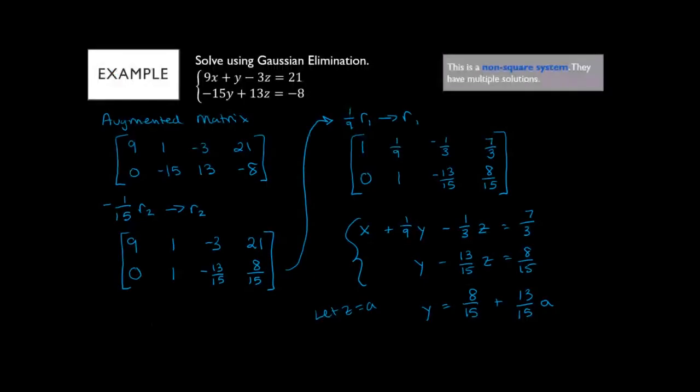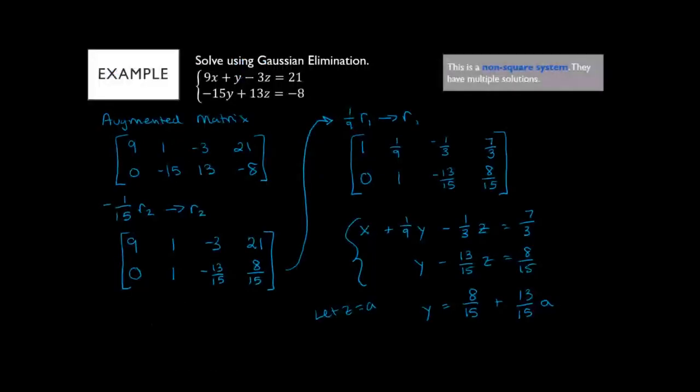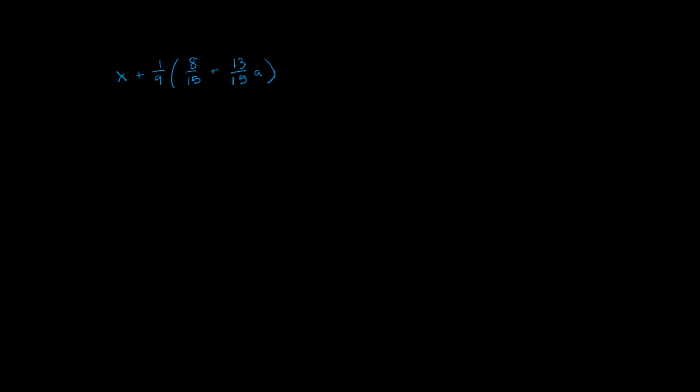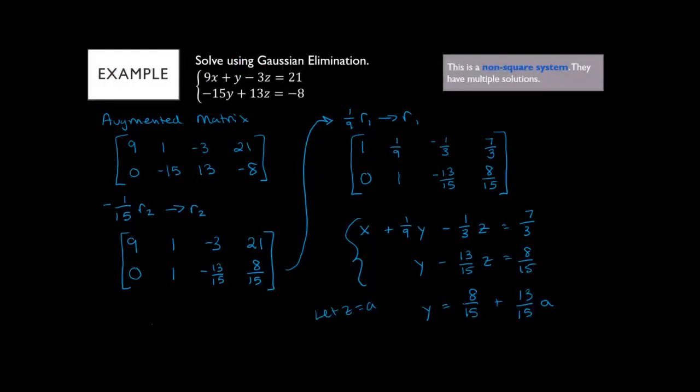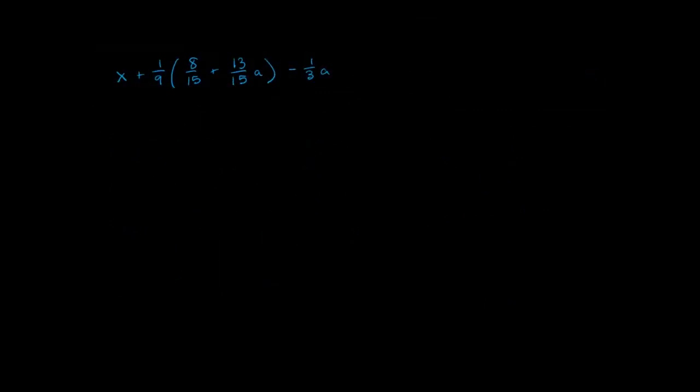So I have x plus 1/9 y, and y is 8 over 15 plus 13 over 15a. Then I need to replace z with a, so that's going to be minus 1/3 a. And then that's equal to 7/3.